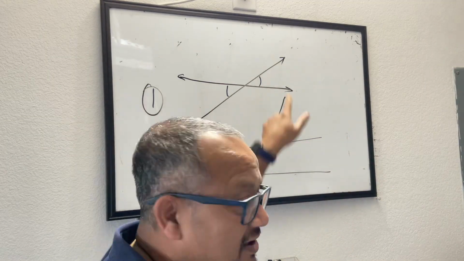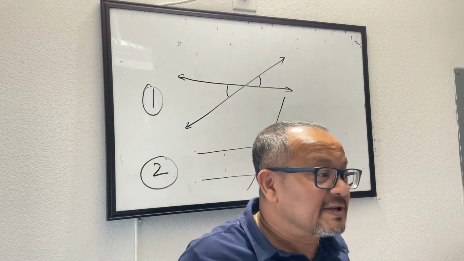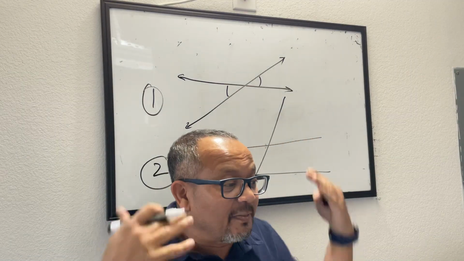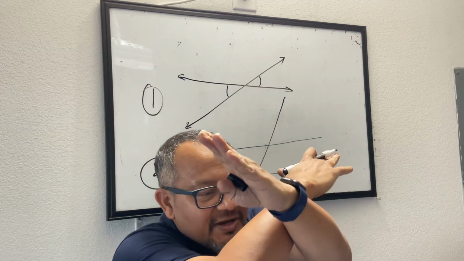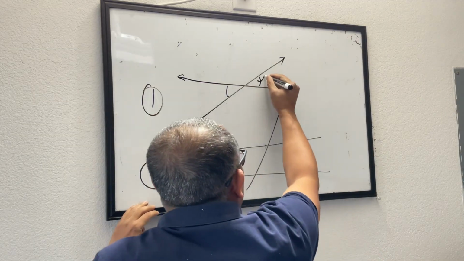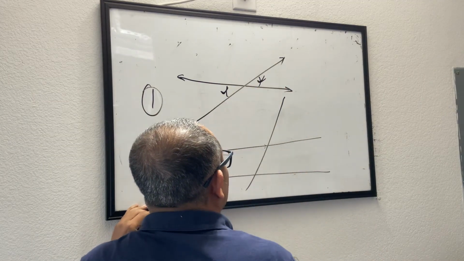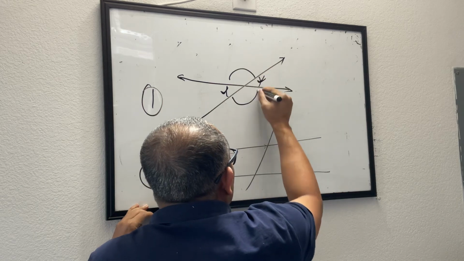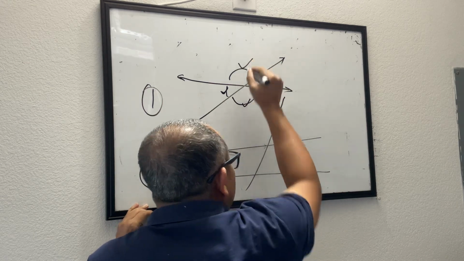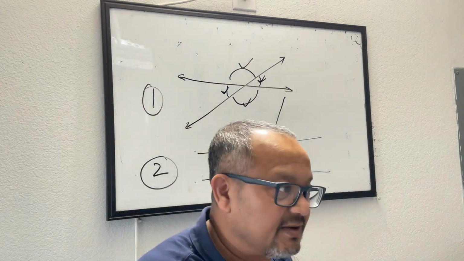What are these angles called? Opposite angles, simple. They're opposite to each other. When the two lines are meeting each other, this angle and this angle are called opposite angles, and they'll be the same.